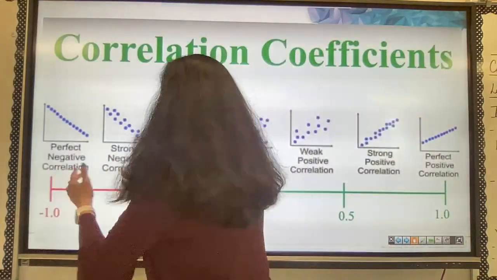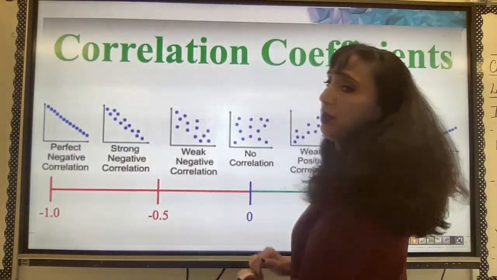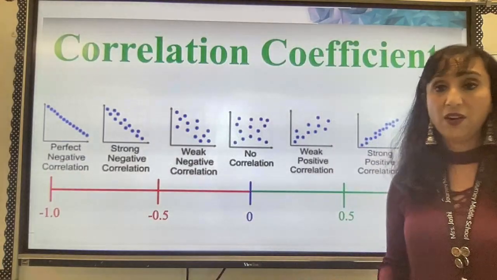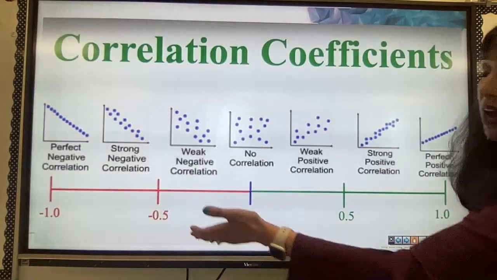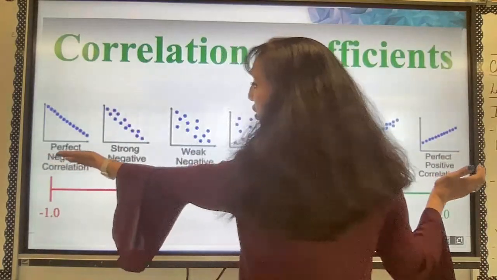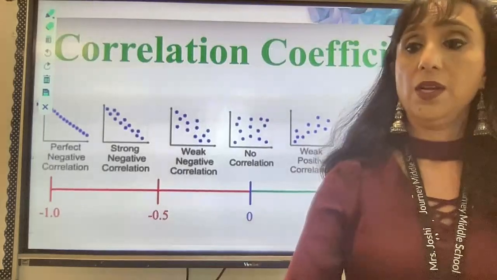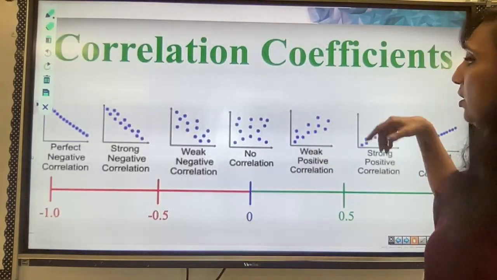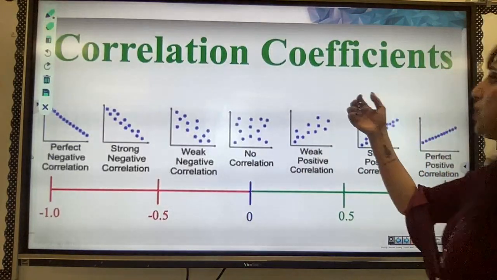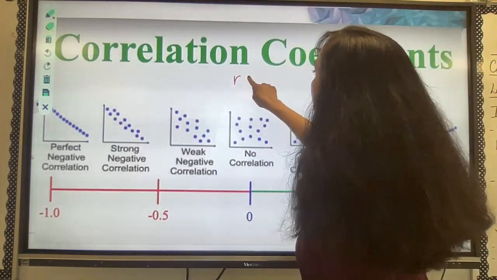It's strong over here, moderate, and then weak, and then no correlation. All right, so in both ends we can see we have a perfect negative correlation there, and we have a perfect positive correlation here.